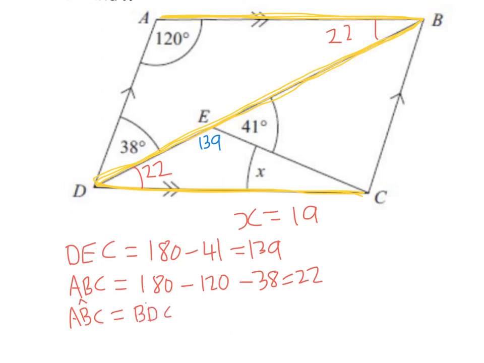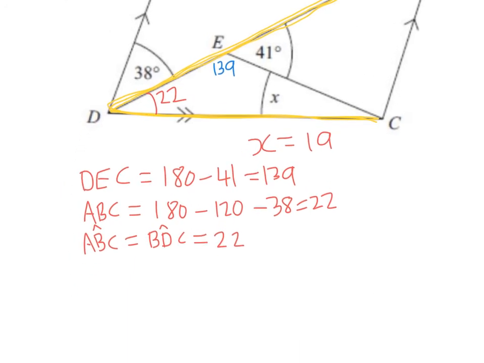So the angles at B and D are the same, so they're both 22 because they are alternate angles. And then we finish off by saying that X is equal to 180 minus the 139 minus the 22, which gave us 19 degrees.